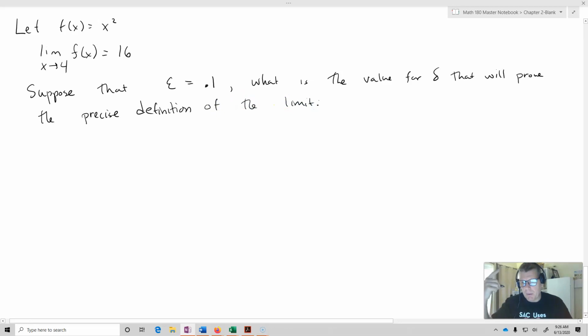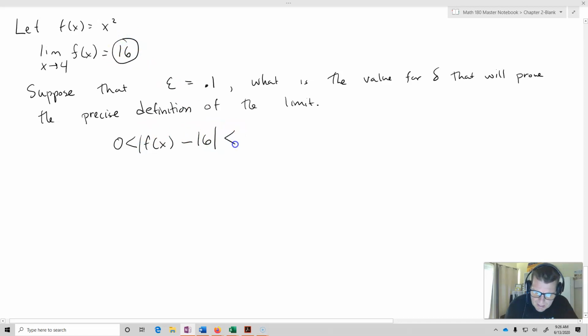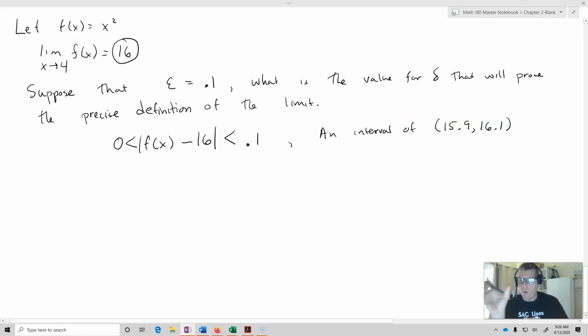If you remember back to what we were doing with the graphs, what we did first was look at the f of x's. We've got this statement, 0 less than absolute value of f of x minus 16, because that's our limit L, is less than, in this case, 0.1. So we're looking for an interval of 15.9 to 16.1. That's adding and subtracting 0.1 to both sides of 16.